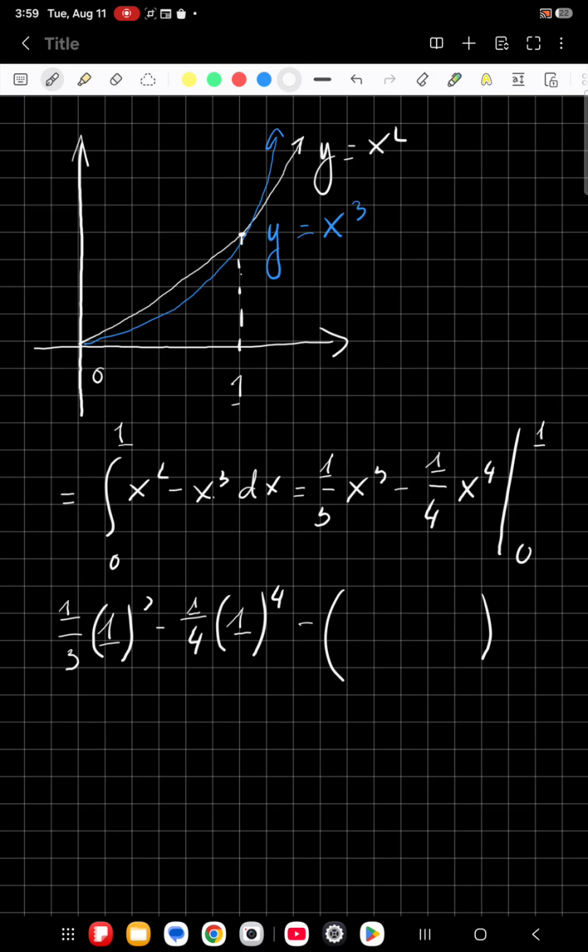So it would be 1/3 minus 1/4 with that number plugged in, and then you would distribute the negative to both numbers. Don't forget that when we're solving a definite integral, the answer is a number. Anyway, let's write that 0, so minus 0. We do the arithmetic, and we get 1/12.